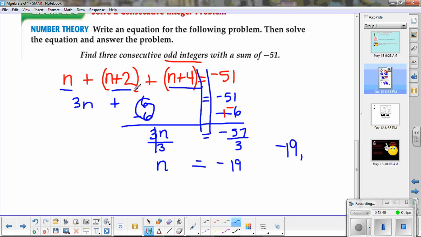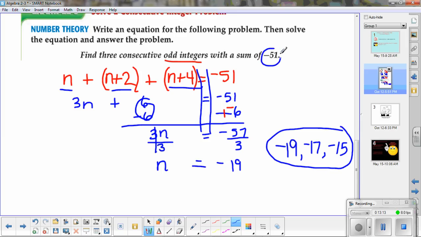So if I want to get my second odd integer, it would be negative 19 plus 2. Negative 19 plus 2 is actually negative 17. And then my third one is negative 19 plus 4, which is negative 15. Now, if you wanted to double check yourself, you would take all 3 of these integers, add them together, and they should total negative 51.